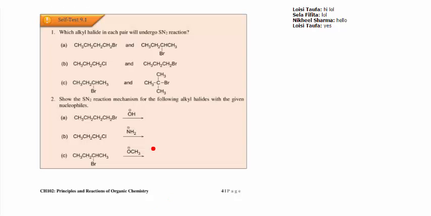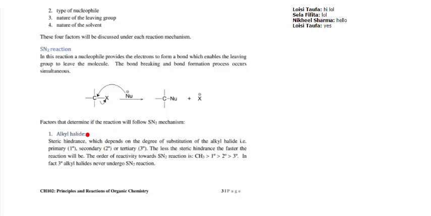We are discussing the notes which are on Moodle, and we have just started discussing self-test 9.1. So we are up to part C. At the moment we are discussing whether this molecule or the tertiary alkyl halide will undergo SN2. With reference to part 1 of the factors which determine the reaction that follows the SN2 mechanism, it's clearly stated that tertiary alkyl halides never undergo SN2 reactions.